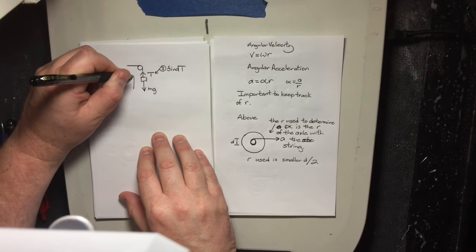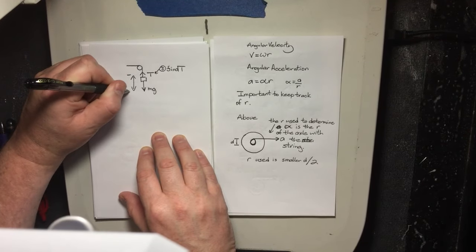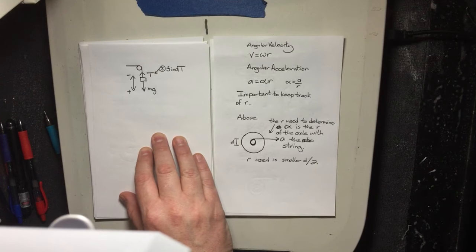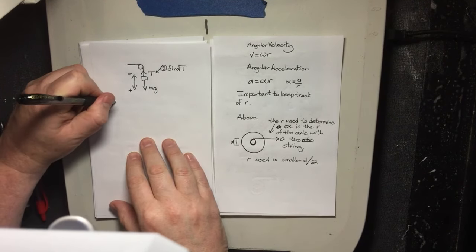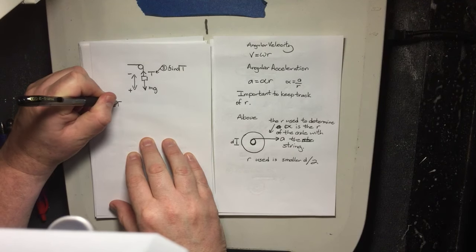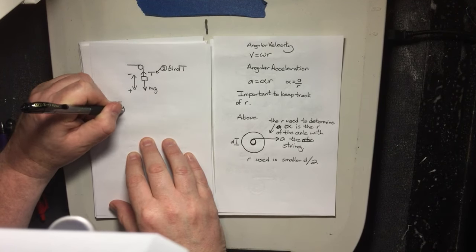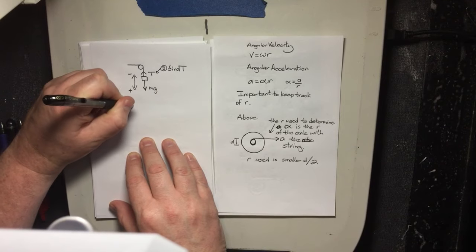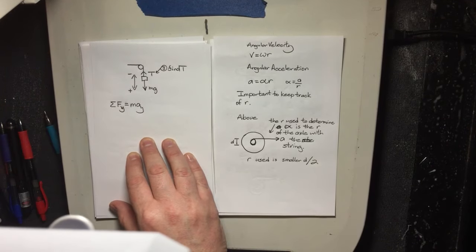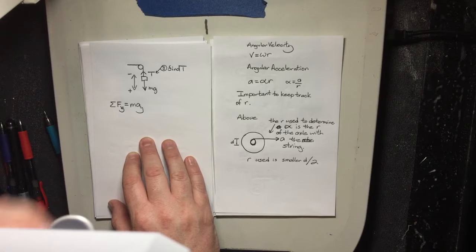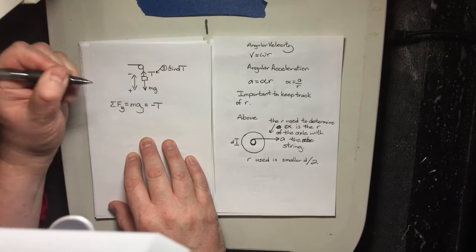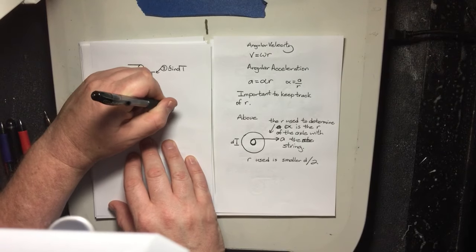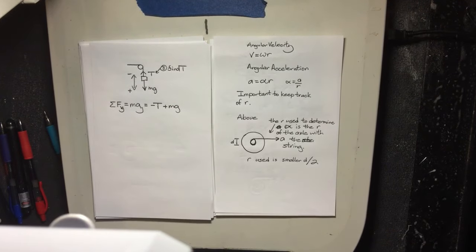Here, we're going to use the same Atwood's machine axes, down as positive, up as negative. And we know Newton's second law, sum of the forces in that vertical is equal to MA in the vertical. Now T is up, which is in a negative direction, and mg is down, which is positive.